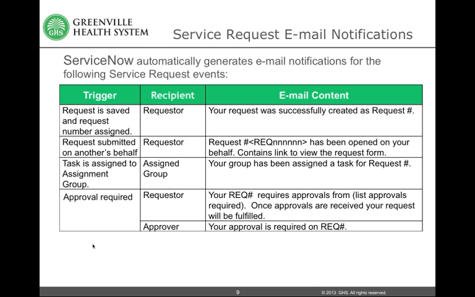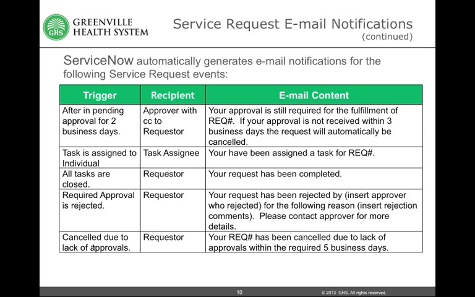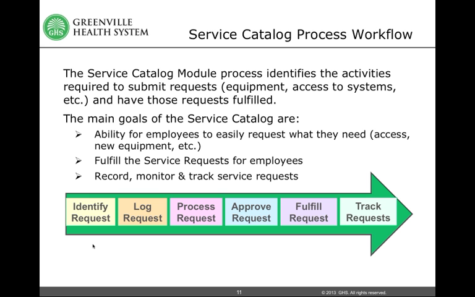Tasks that get assigned to groups send notifications to the group. Approvals will also send a notification to the person who is asked to approve. There are a few built-in SLAs, like after something is in pending approval for 2 days, a CC gets sent out to someone. I'll let you read through those on your own.